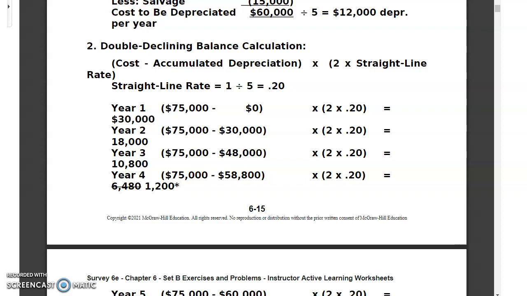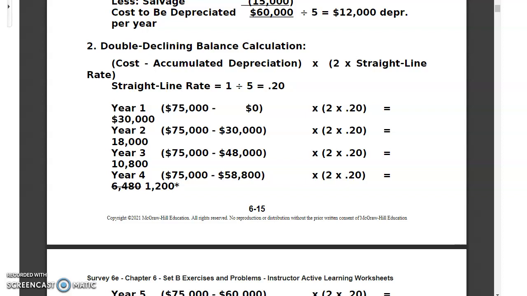And then we take the depreciation that we would have for straight line. Over 5 years, that's 20% per year, and then double that, times 2. So you can do this whatever way makes sense to you. Do 2 times 20%, divide by 5, get the amount times 2, however it makes sense to you.